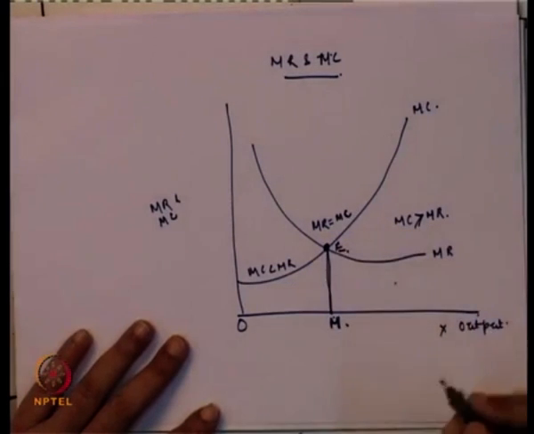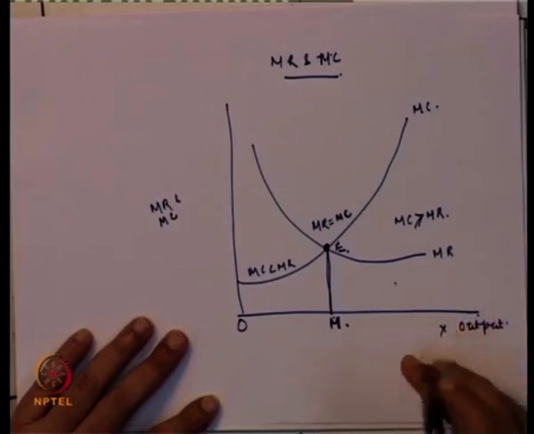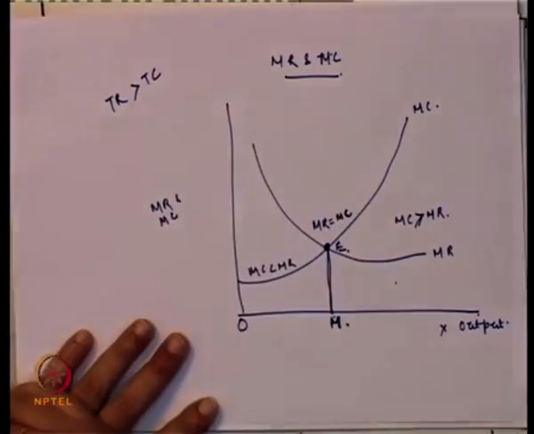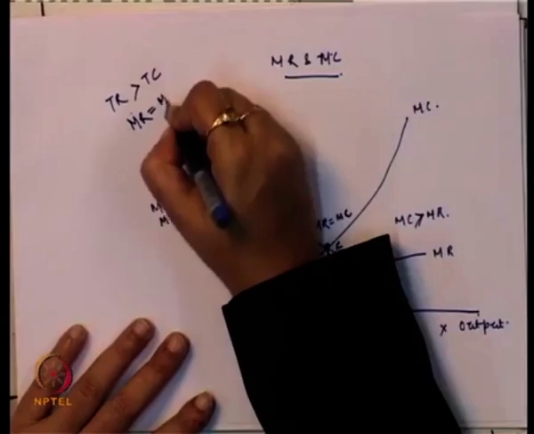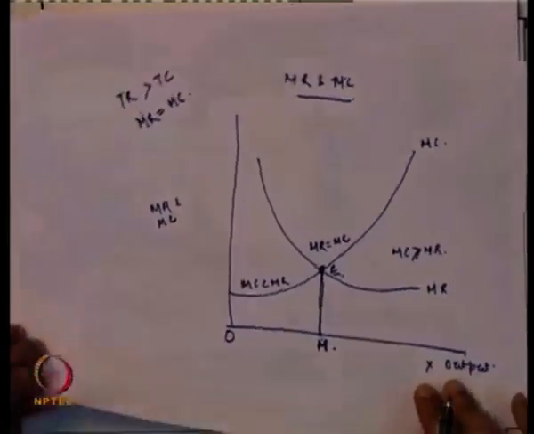So, when we decide the equilibrium level of the firm, it is either at a point where the total revenue is greater than total cost, or at a point where marginal revenue is equal to the marginal cost. So, equilibrium can be derived in different market conditions, either by following the total revenue and total cost approach or by following the marginal revenue and the marginal cost approach.